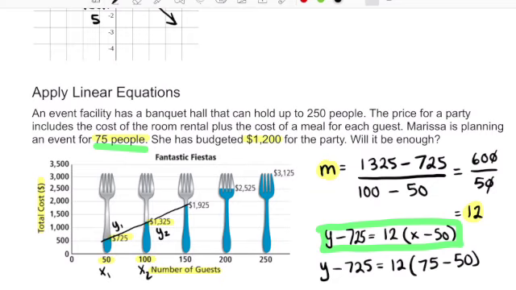Okay, so we just do order of operations. 75 minus 50 is 25. y minus 725, we just bring that down. Now we multiply 12 times 25, which is 300.